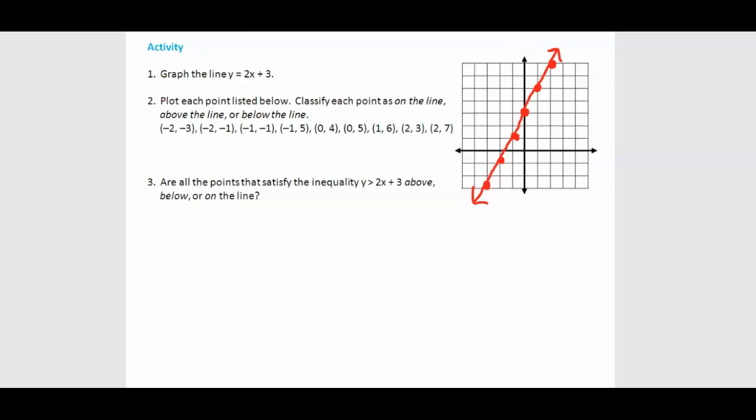And then what we're going to do is plot each of those points on the graph. So you're going to plot the point negative 2, negative 3. You're going to plot the point negative 2, negative 1, and so on and so forth.